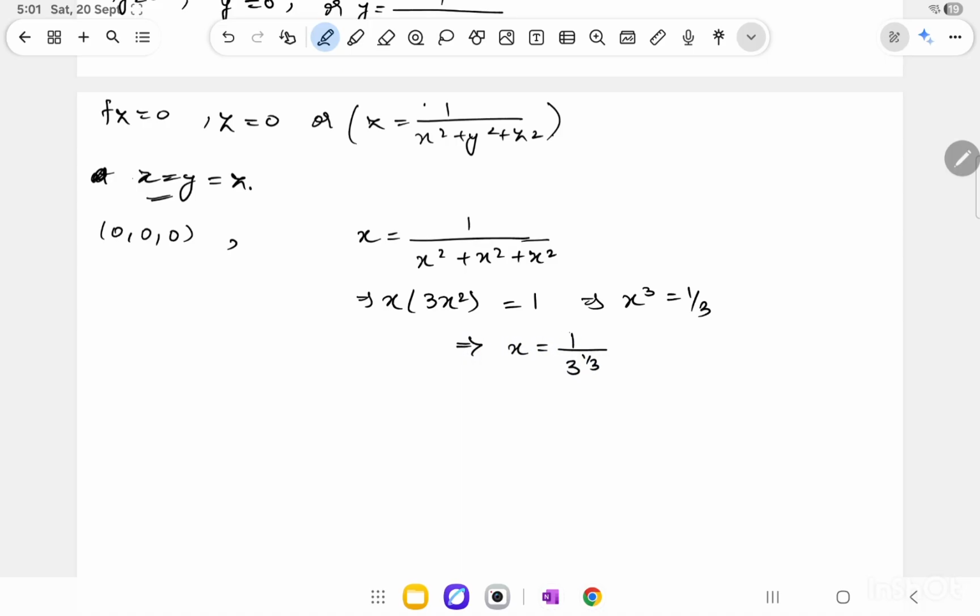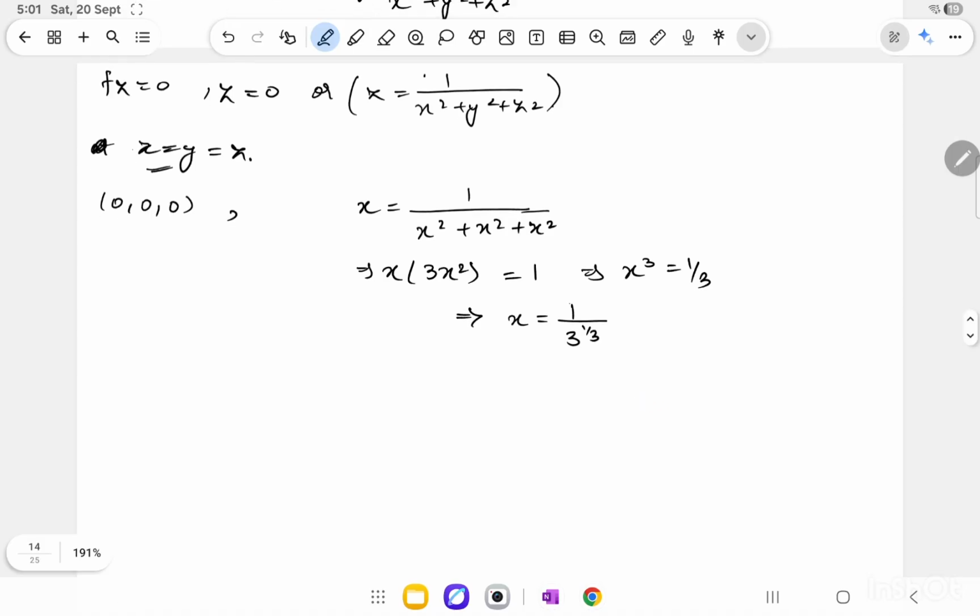Since x equals y equals z, my other possible extrema point can be (1/3)^(1/3), (1/3)^(1/3), (1/3)^(1/3). So we're supposed to check which one of them is a point of extrema.